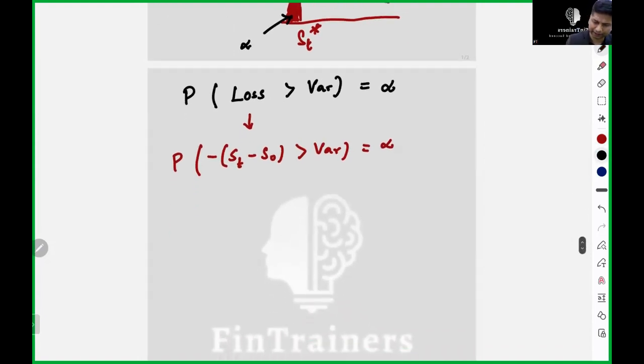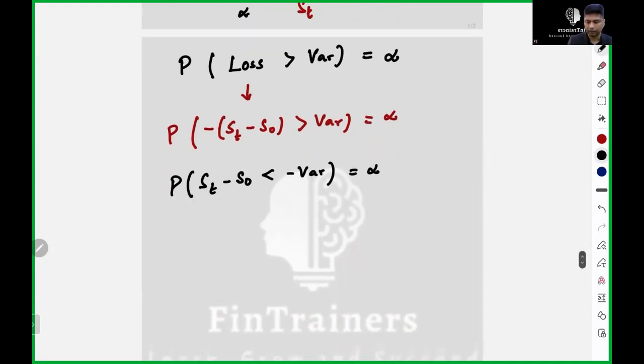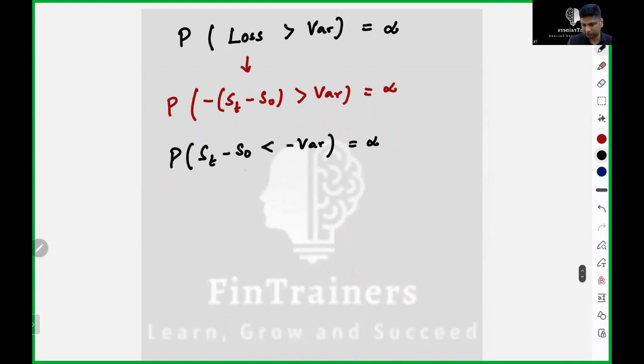Now, if I want to remove that negative sign, I change the greater than to less than, inversing everything. Here, ST minus S0, let me bring this S0 over, because I want to isolate the ending value.